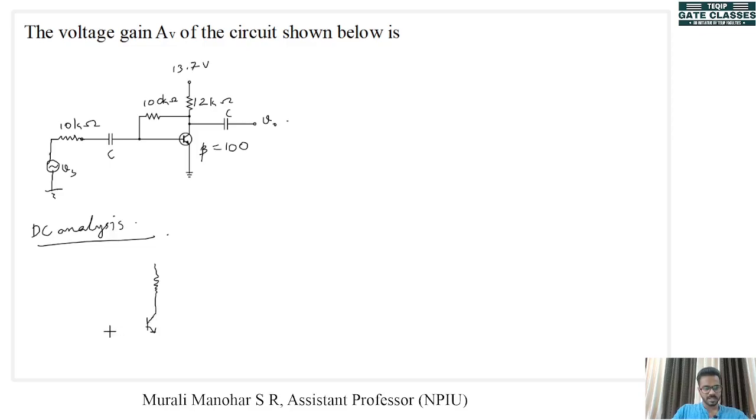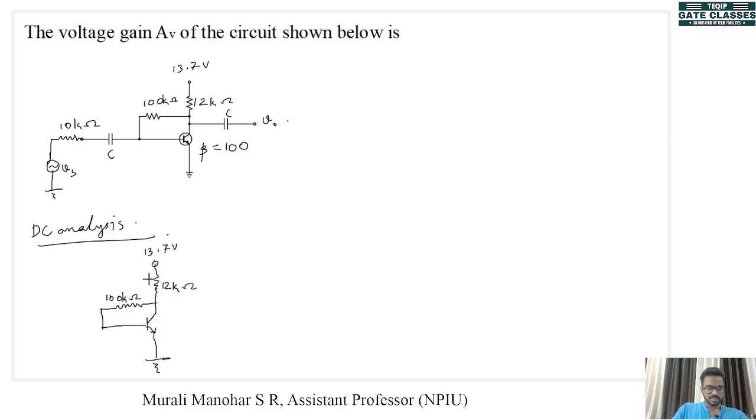Capacitors are open, so no need to consider them, and the emitter is connected to the ground. Here we have VCC, which is 13.7 volts. This resistance is 12 kilo ohm, and this resistance is 100 kilo ohm.